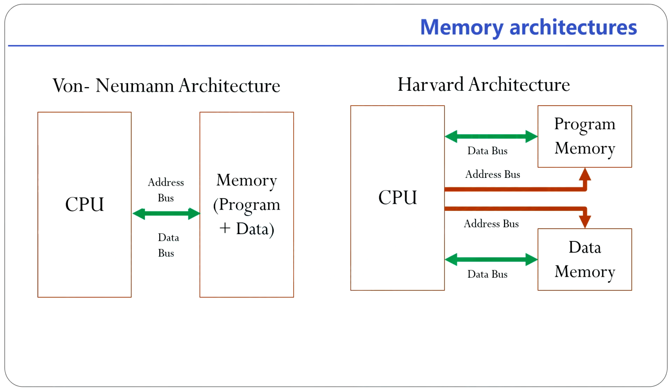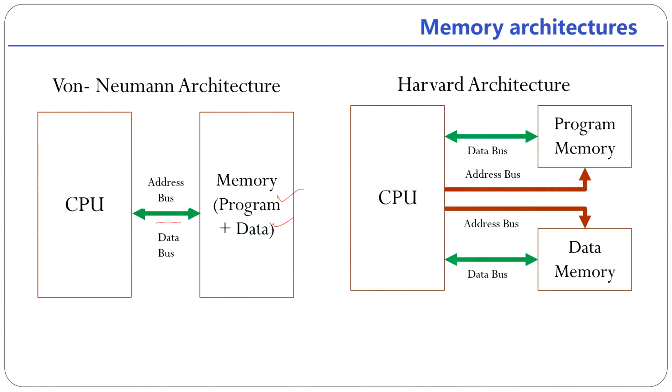In von Neumann architecture, only a single bus is provided, and the memory is treated as a single memory unit. This entire memory is shared by program memory as well as data memory. That means the program memory and data memory are combined in this case, and both are accessed with the same bus.